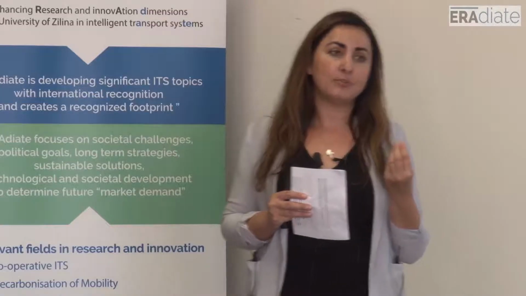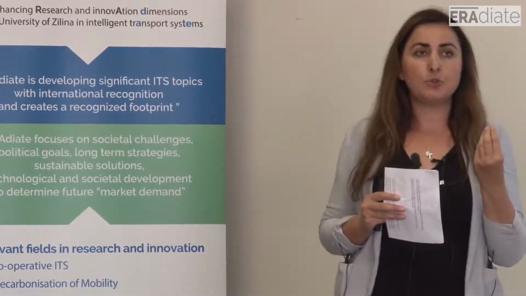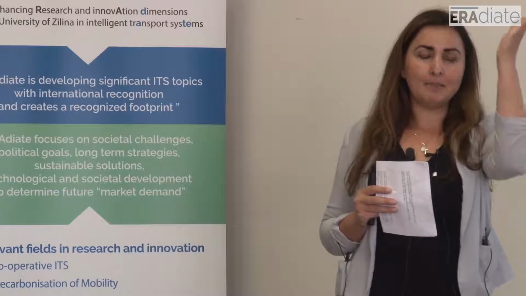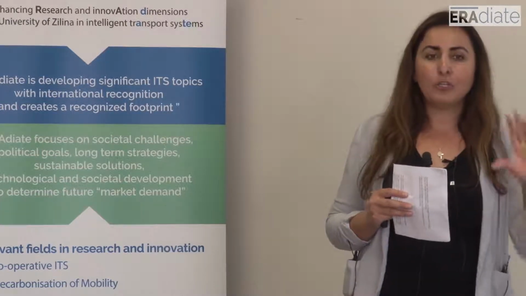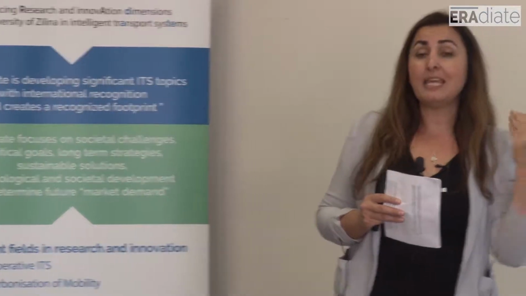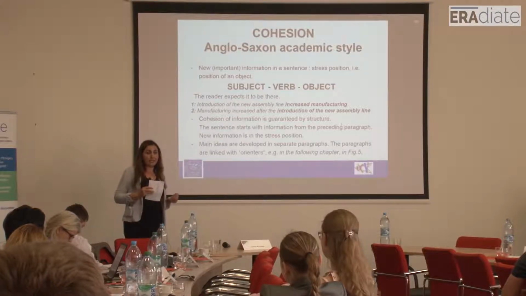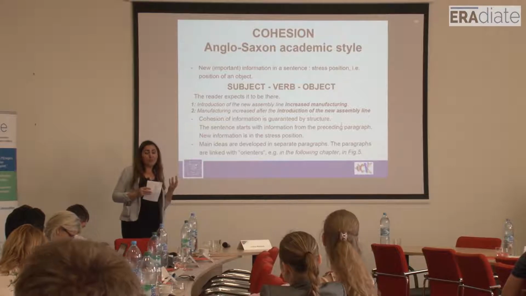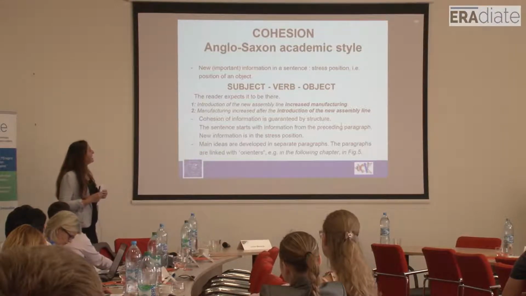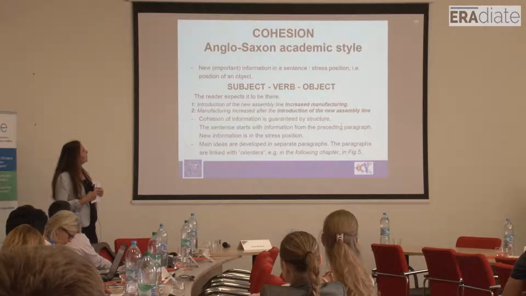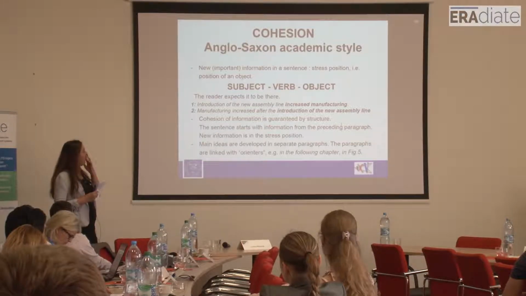Cohesion basically relates to the fact that we need to provide the reader with a smooth flow of ideas and connections between them, so it's easy for them to follow the text. So again, the main goal here is understandability. Okay? So, the new or important information in a sentence is in a stressed position of an object.